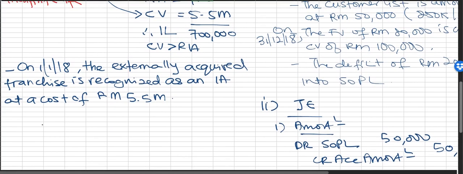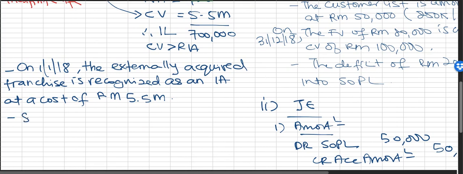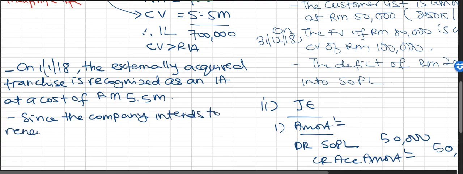Next, since the company intends to renew indefinitely, the IA is not amortized. Make it simple: the IA is not amortized.